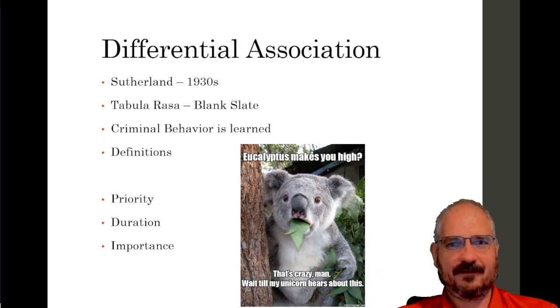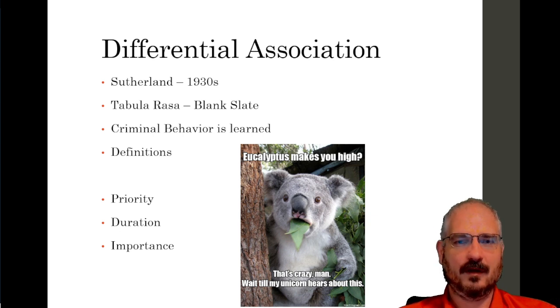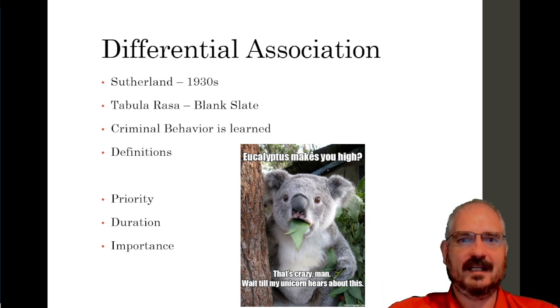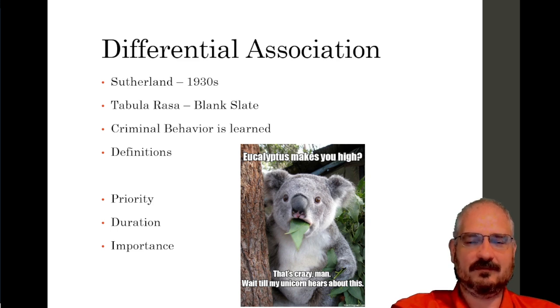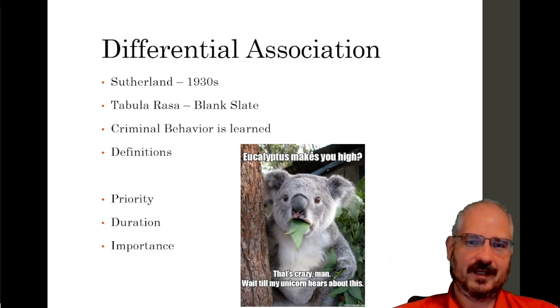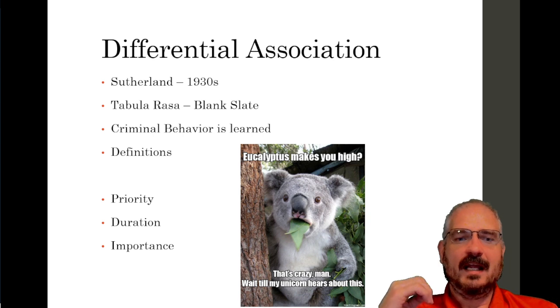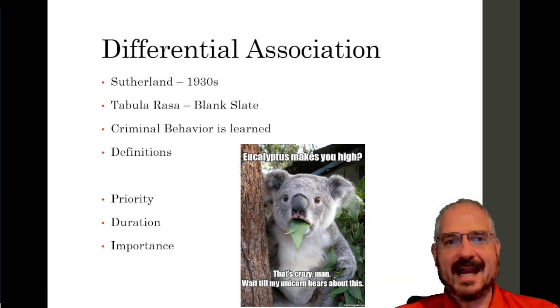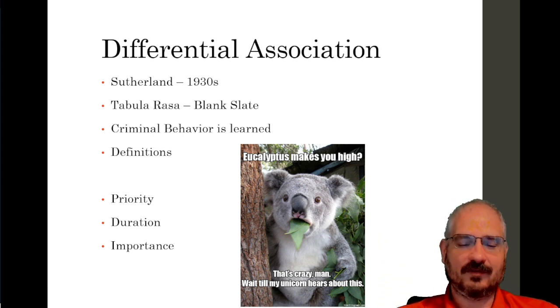And so if their definitions are different, you are going to learn from them in ways that maybe your parents didn't give you the proper definitions, right? So that peer group's definitions might override the definitions you've been getting from your parents and siblings and such. These definitions aren't all made at the same level, right?